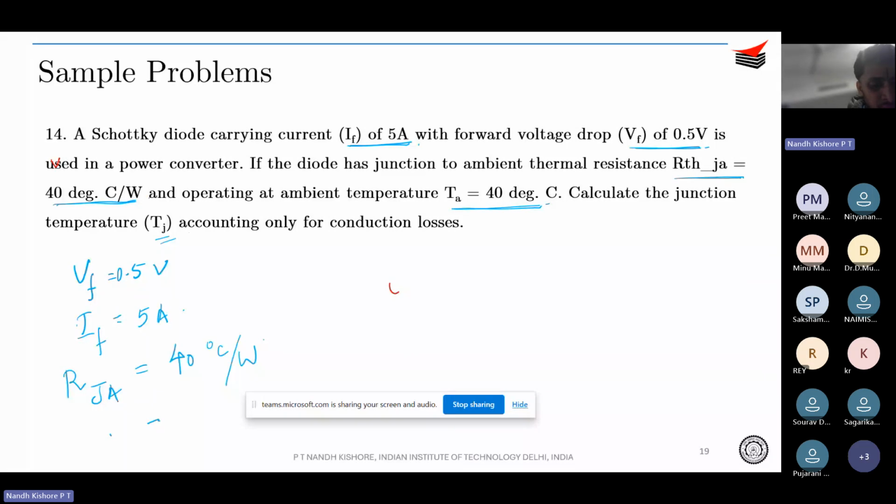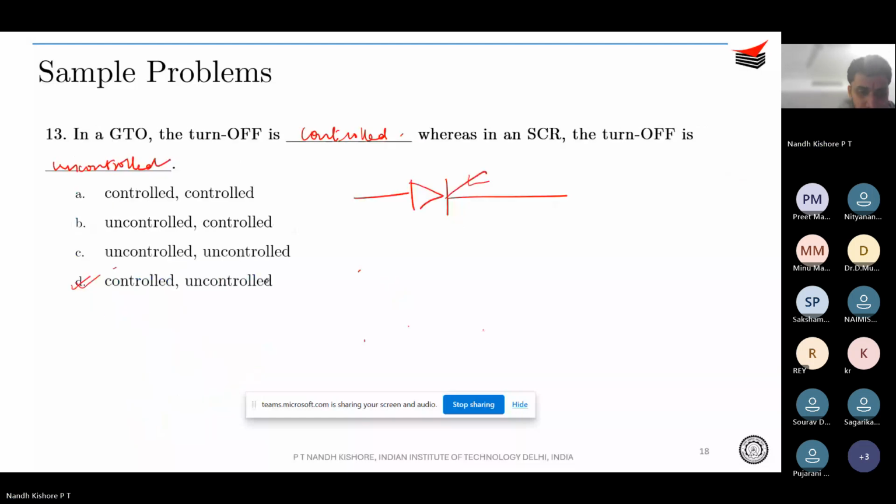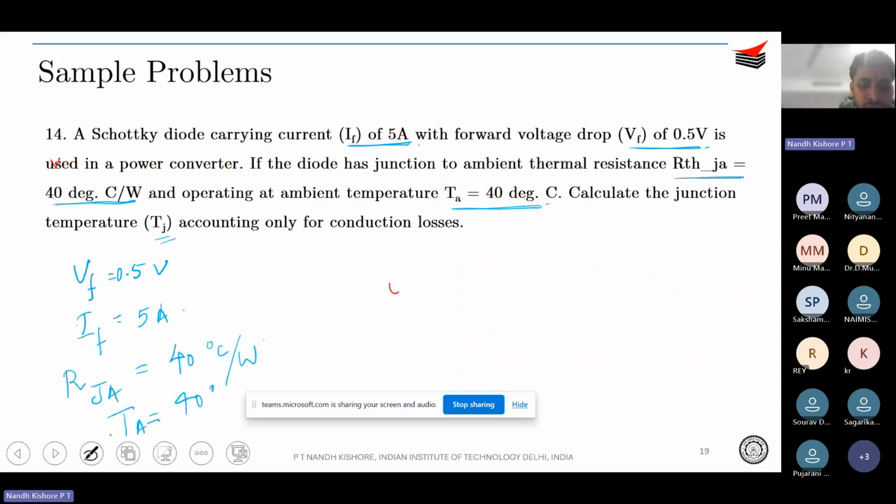And they have given that the TA or the ambient temperature is 40 degrees. Calculate the TJ. So what is TJ? That's the question. Calculate the junction temperature accounting for the conduction losses.